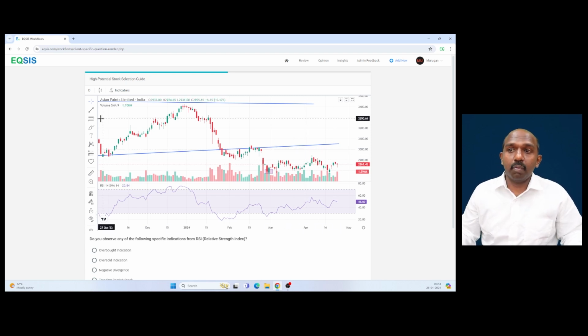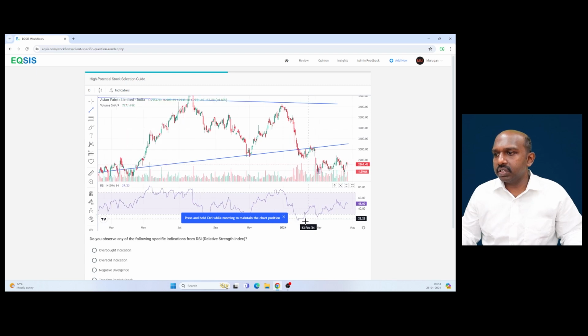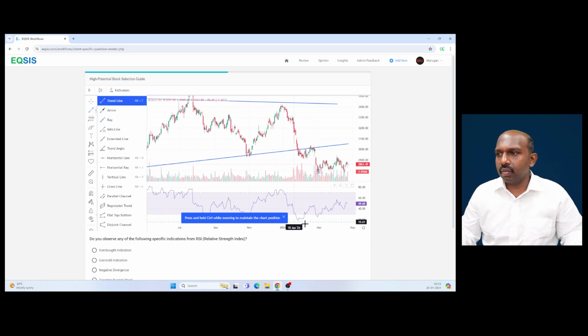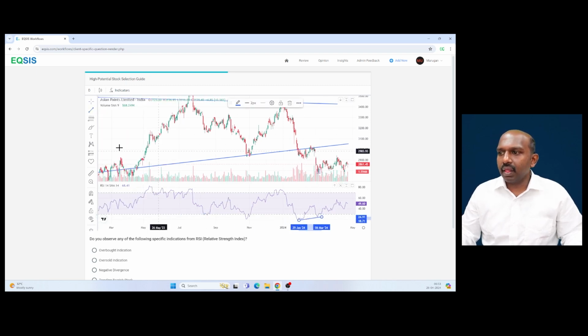Yes, from the RSI perspective there is a kind of bullish divergence, because if you look at this momentum here, the RSI did perform a positive divergence. Ideally the RSI indication from here should be moving positively, but for some reason it actually backed down.